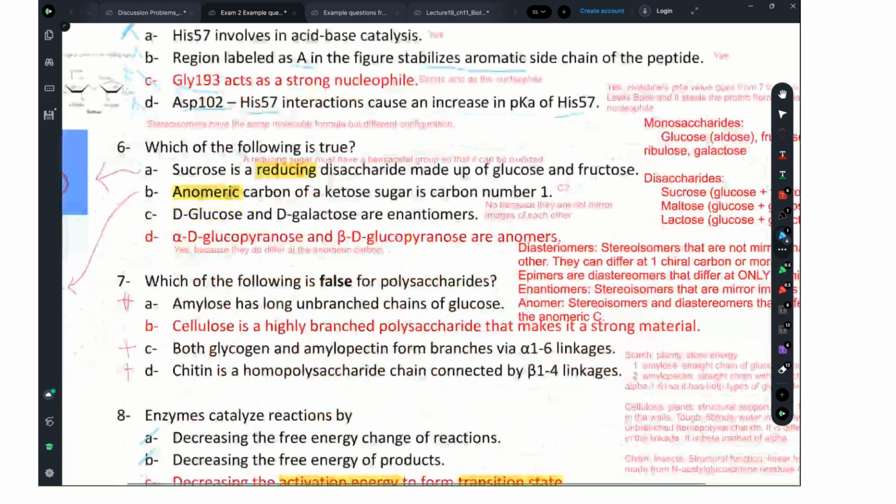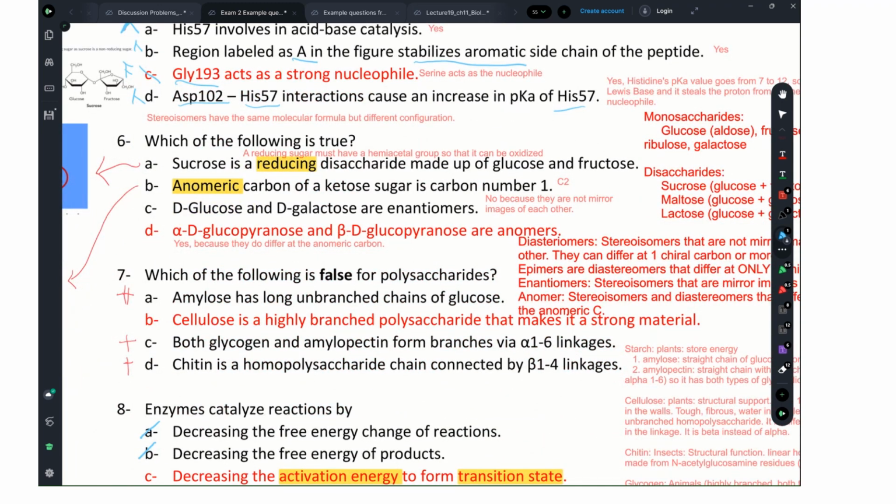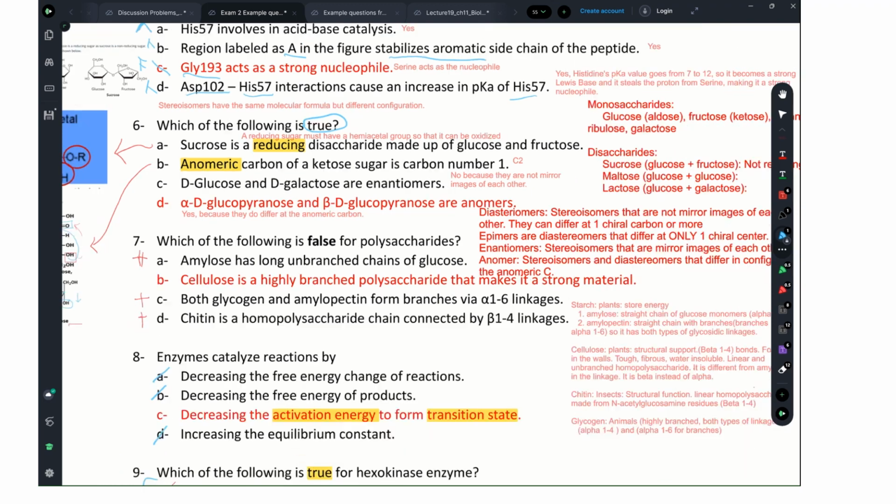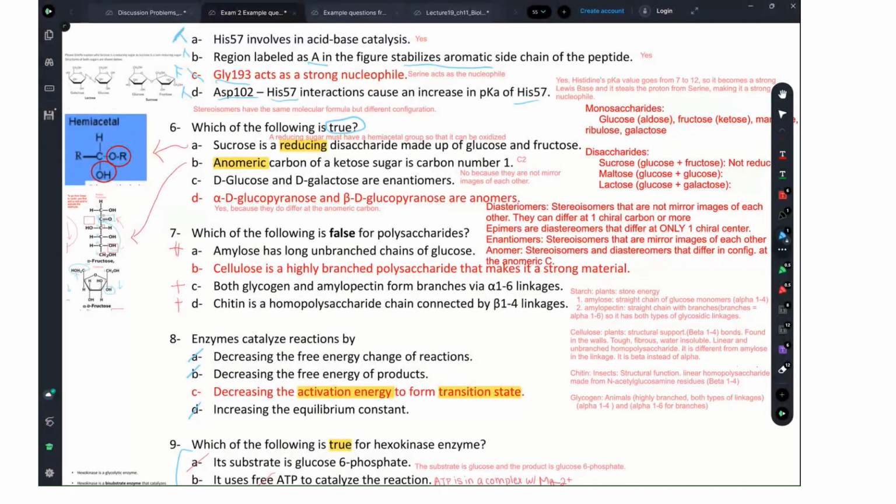Okay, so which of the following is true? Sucrose is a reducing disaccharide made up of glucose and fructose. So that's not true. I'm giving you a lot of vocabulary, so we're going to go over that first. A reducing sugar must have a hemiacetal group so that it can be oxidized.